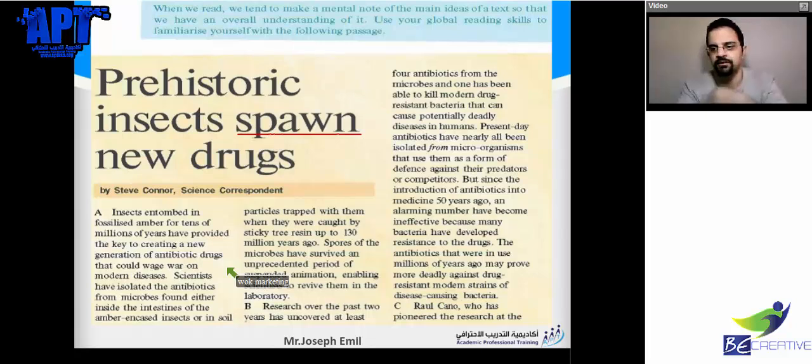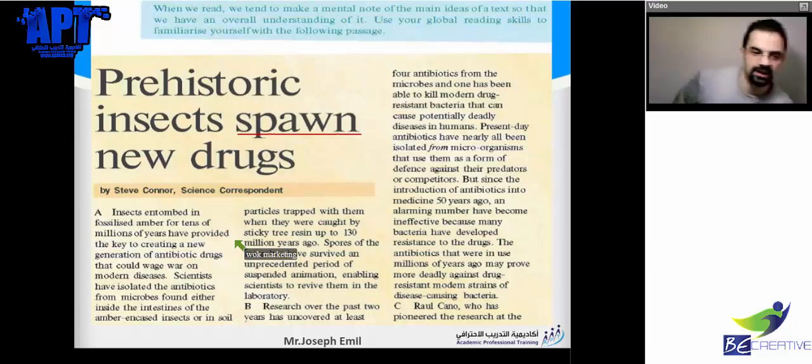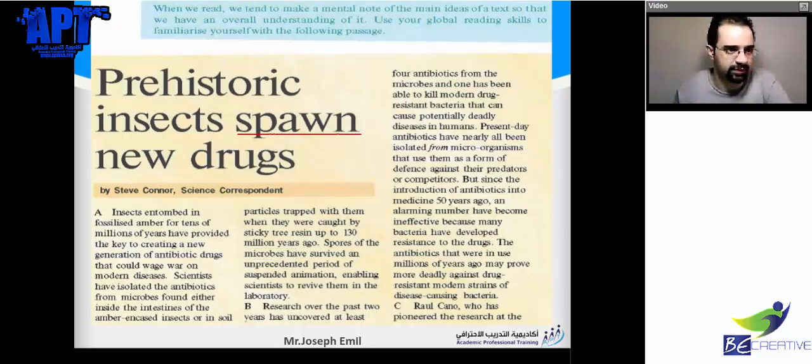So they're talking about how amber from the trees has trapped insects, and these insects were taken by scientists to create new antibiotics. So the main idea here is: insects entombed in fossilized amber for tens of millions of years have provided the key to creating a new generation. And then they explained why, or in what details. As you can see, the topic sentence is more or less this one, right?